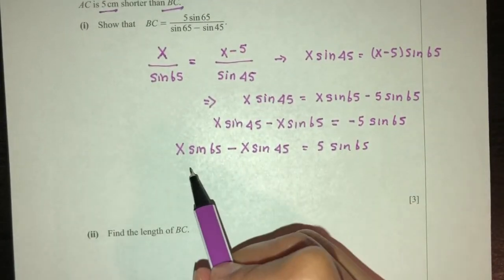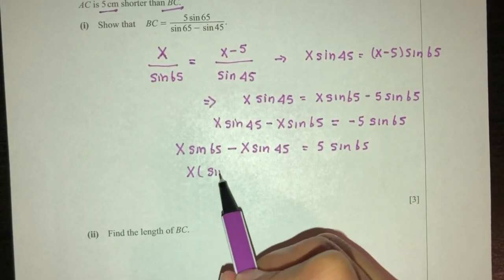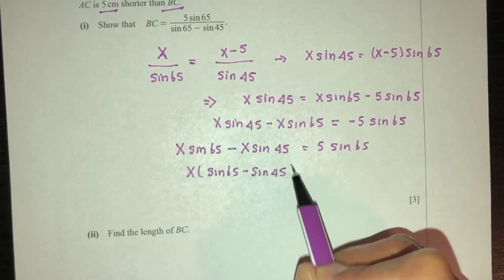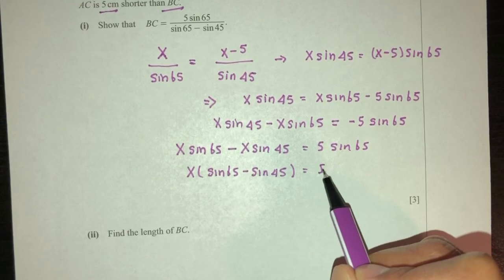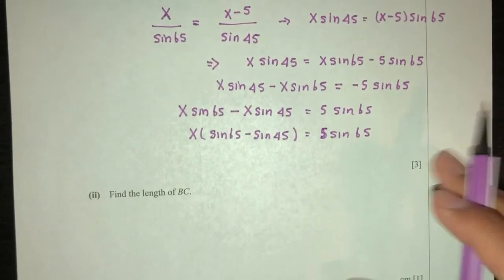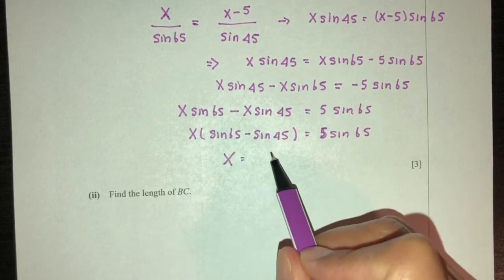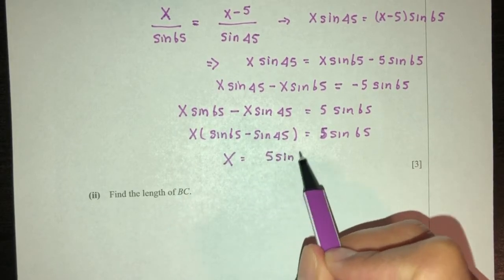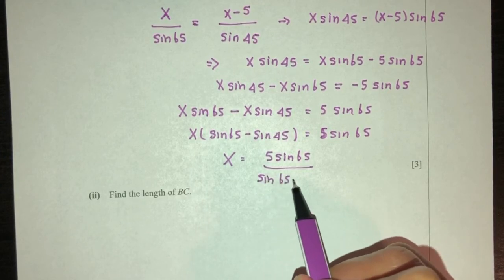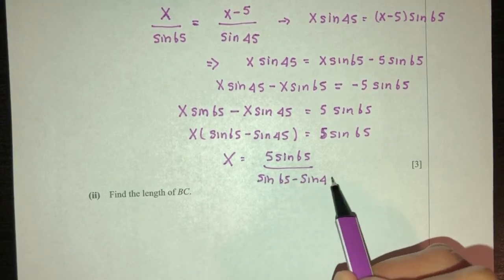Now if you factorize, you will have X times sine of 65 minus sine of 45 equal to 5 sine of 65. So finally, X is equal to 5 sine of 65 over sine of 65 minus sine of 45.